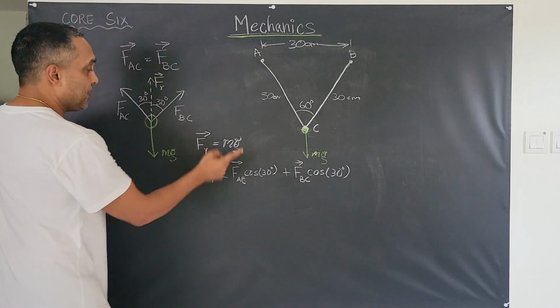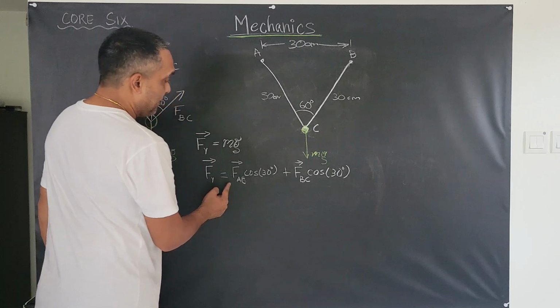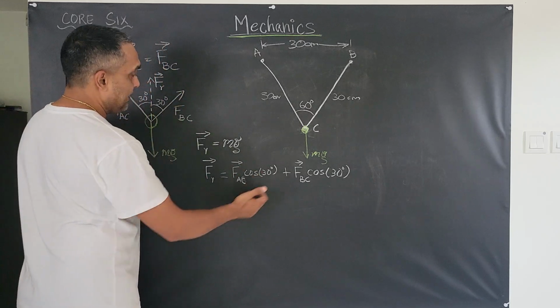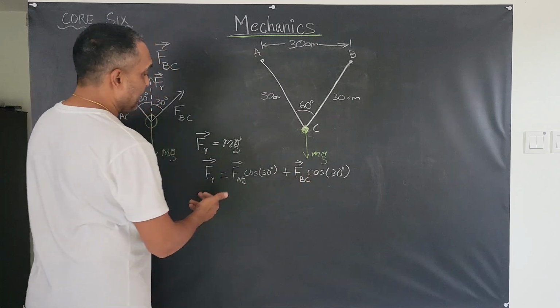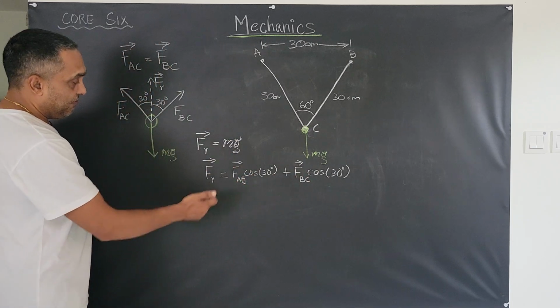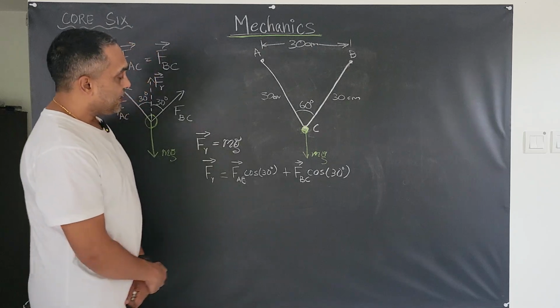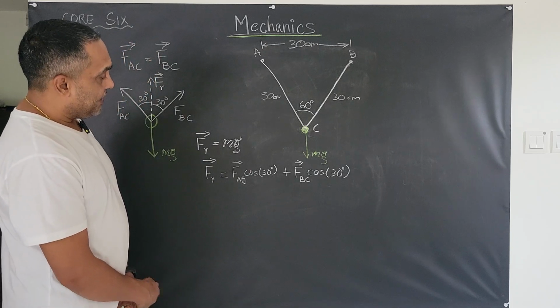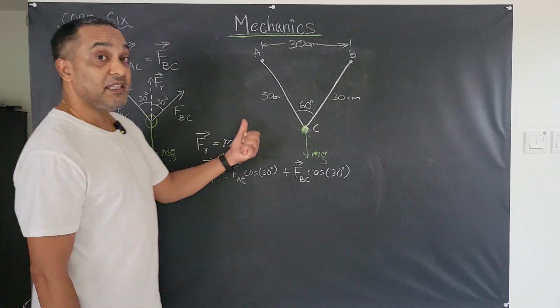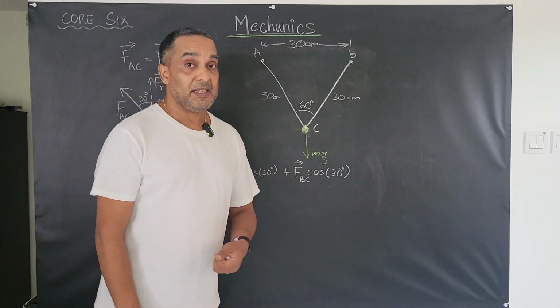So you substitute in to, let's say, FAC cosine 30, is an easy one that you would know. MG, so that's about 1.96. And you can solve for FAC, and FAC is equal to FBC. So you can get these two forces pretty easily solved.